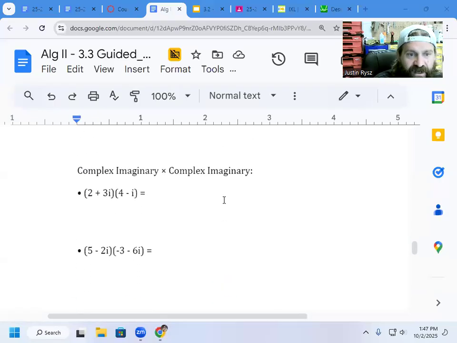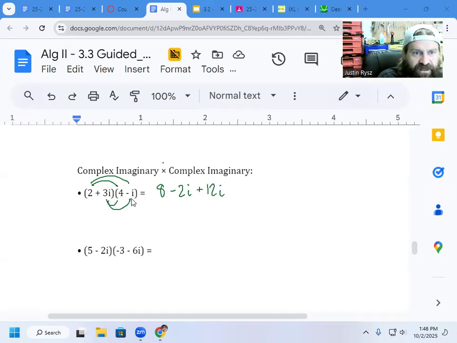All right, now let's go ahead and look at multiplying complex imaginary numbers. So we're going to FOIL here first. So we got 2 times 4, which is 8. Minus 2 times i is 2i. And then with the 3i, 3i times 4 is 12i.